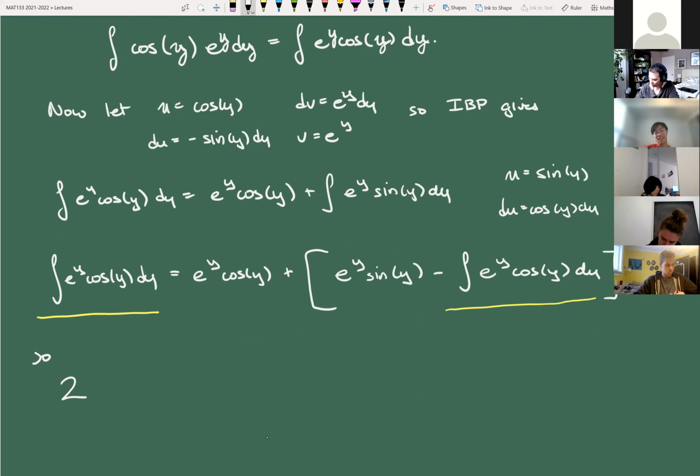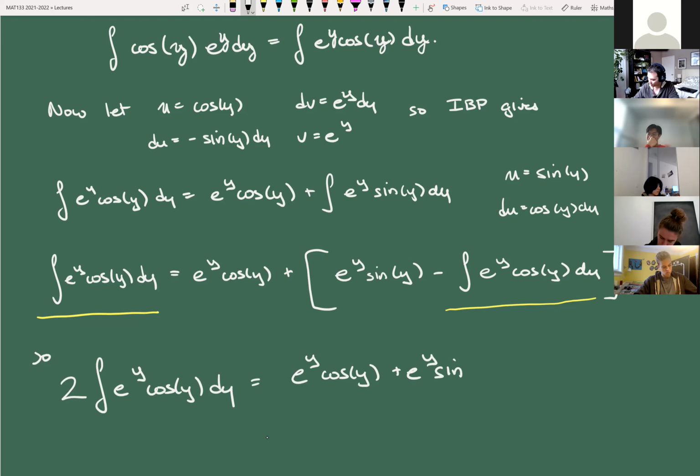So we get 2 times the integral of e to the y cosine y dy is equal to e to the y cosine y plus e to the y sine y. And now I've moved the integral, so I do need to put a plus c here. Right?